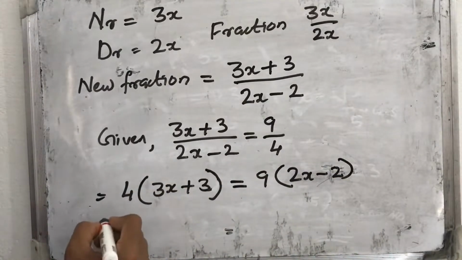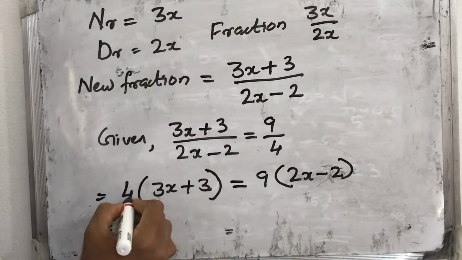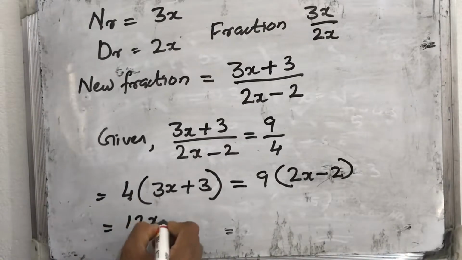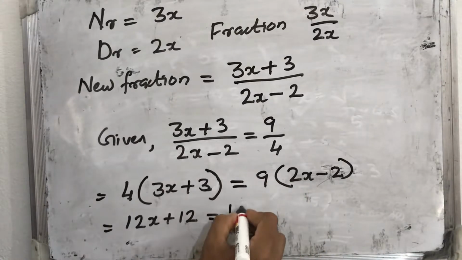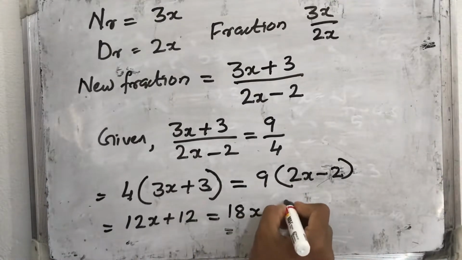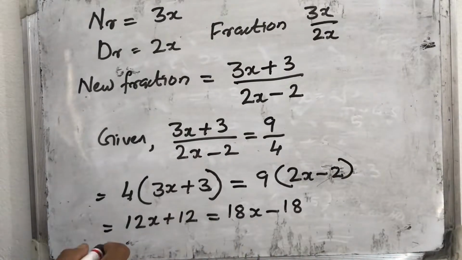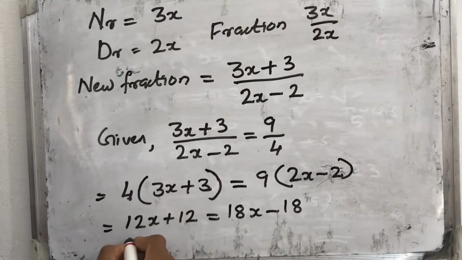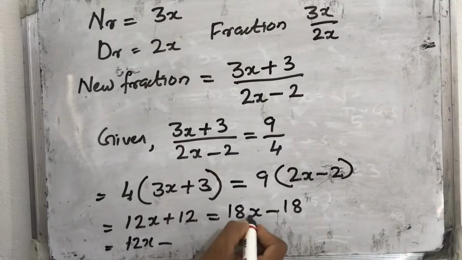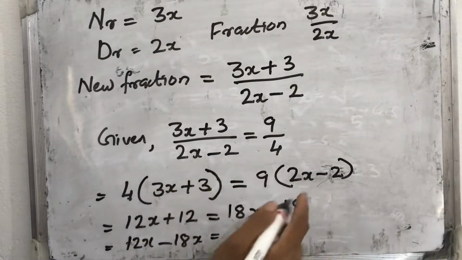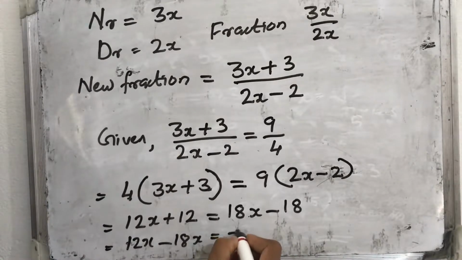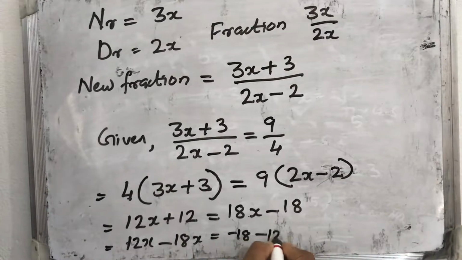By simplification we will get 4 into 3x, 12x, plus 4 into 3, 12, equal to 9 into 2x, 18x, minus 2 into 9, 18. So by simplification we will get 12x minus 18x; we are transposing 18x to here, and the constant term there, minus 18 already there, and minus 12.